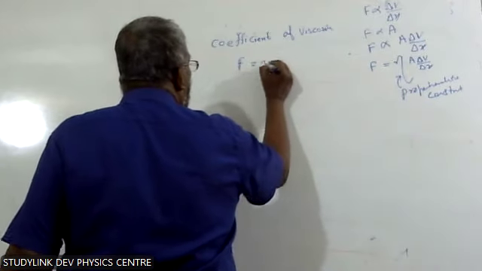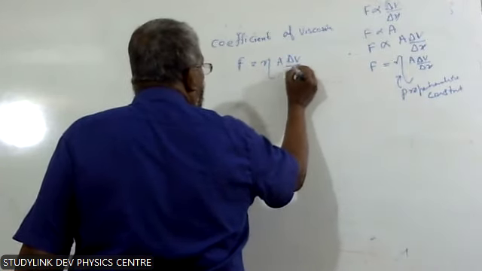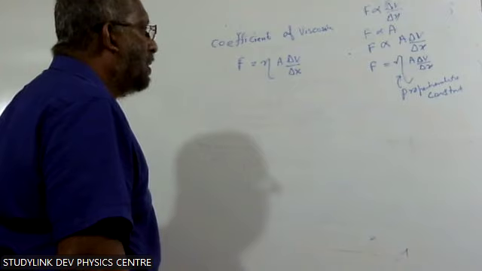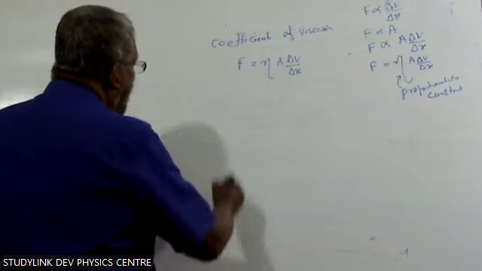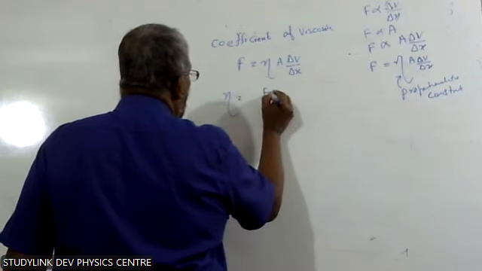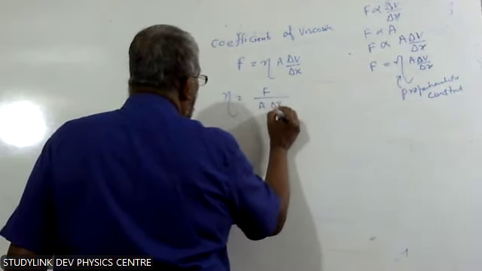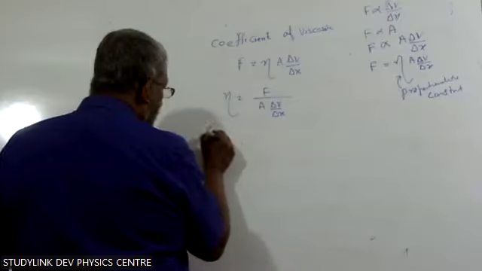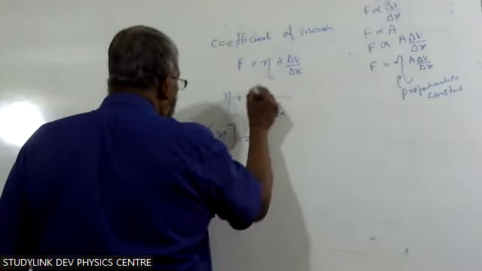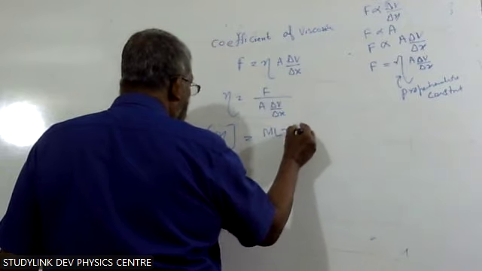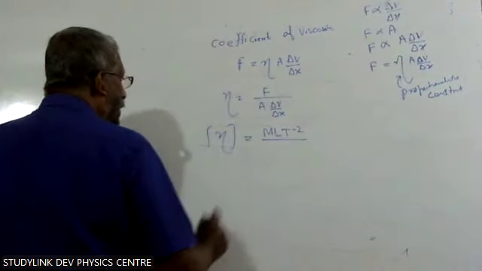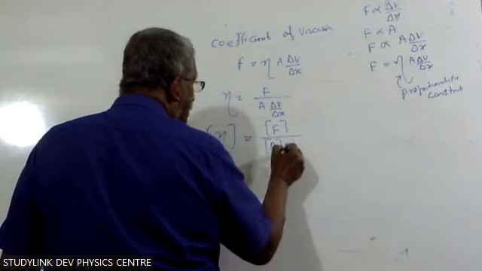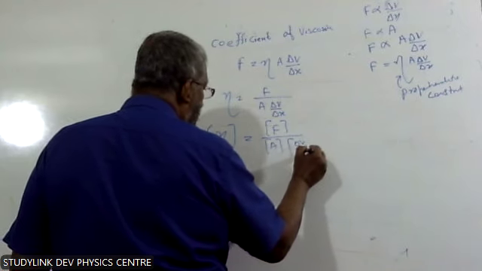F is equal to eta A delta V over delta X. Eta is equal to F over A delta V over delta X. Then the dimension of eta is equal to the dimension of F, MLT^-2, divided by A dimension and delta V over delta X dimension.